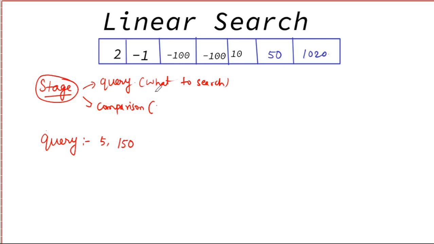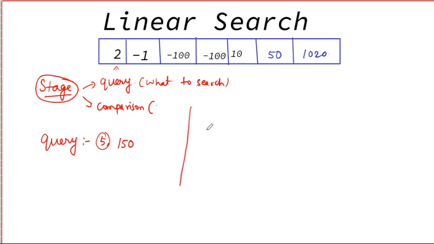So these are the queries. Then a comparison has to be made. In linear search, the comparison is made by comparing 5 with each number present in the set. So 5 is compared with 2, then with -1, then with -100, and so on till the complete set of numbers is explored. That is the idea of linear search.